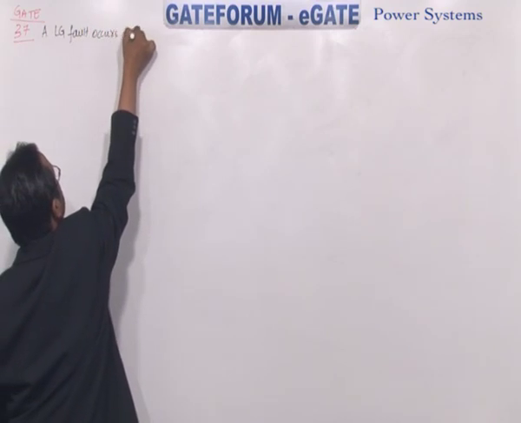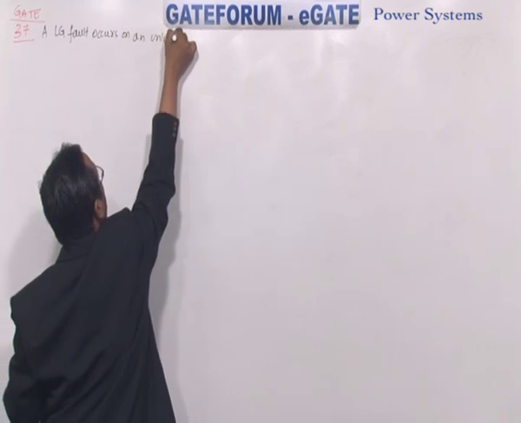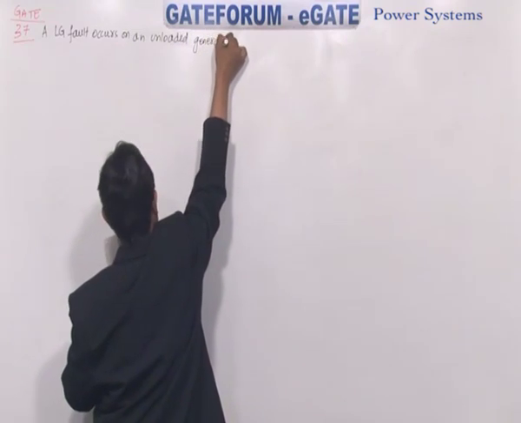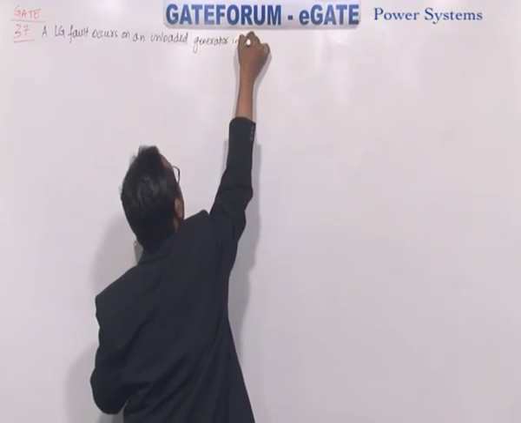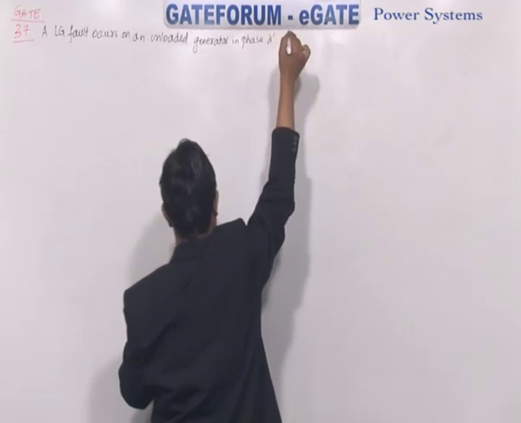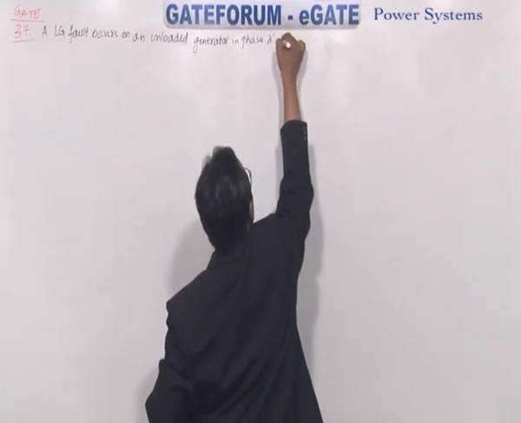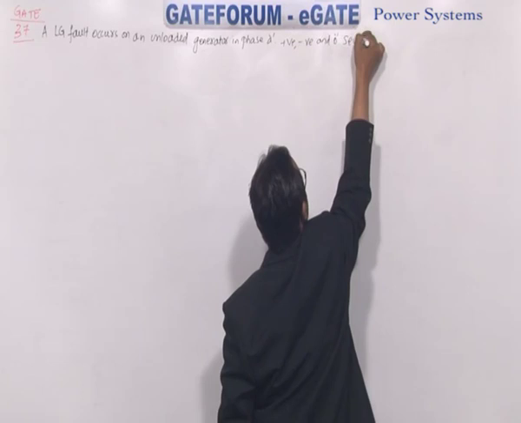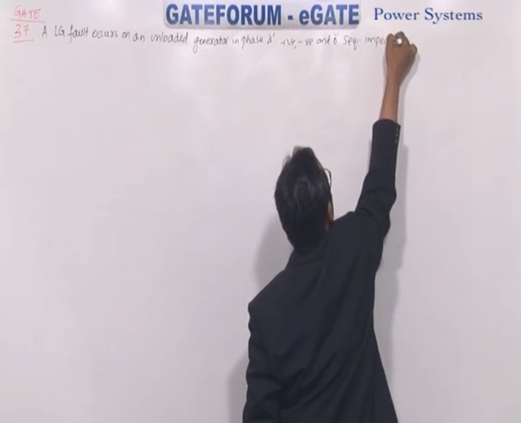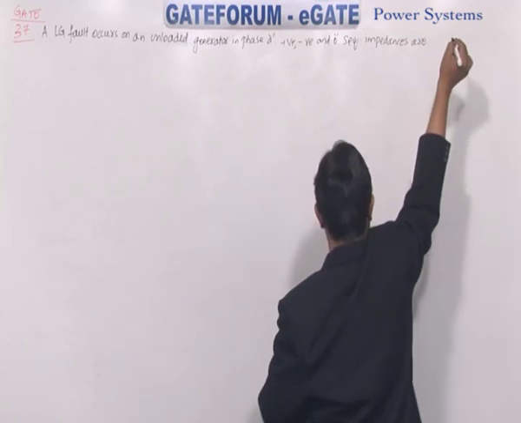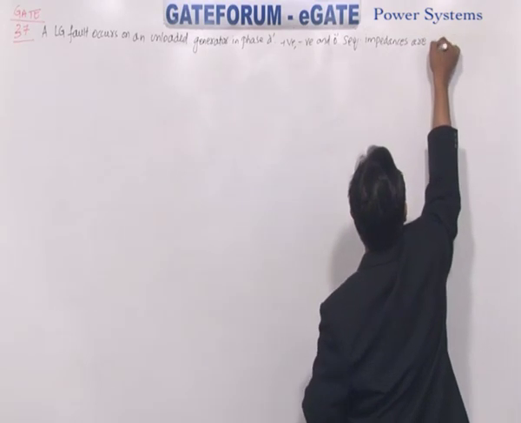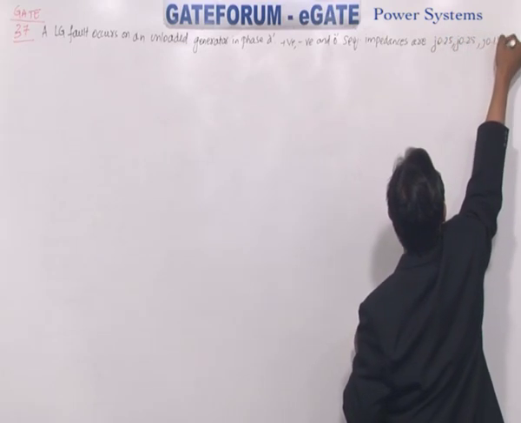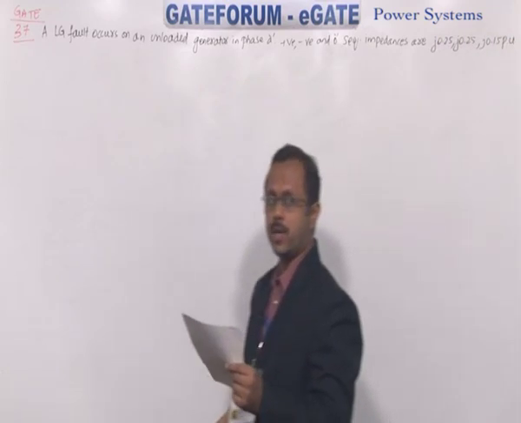An LG fault occurs on an unloaded generator in phase A. Positive, negative and zero sequence impedances are j0.25, j0.25, j0.15 per unit.